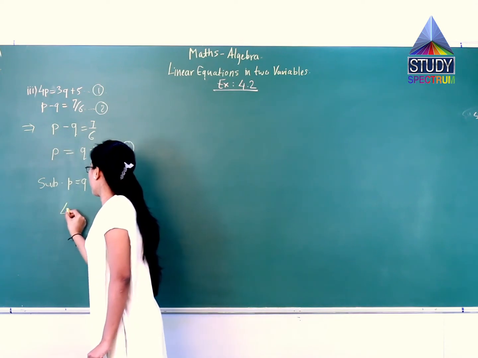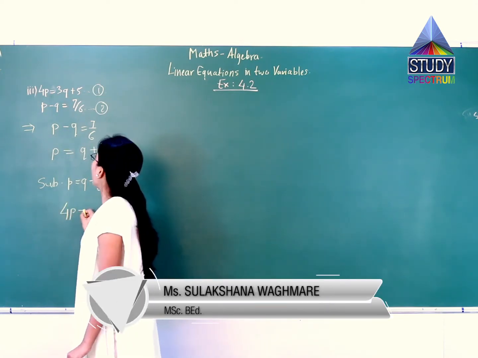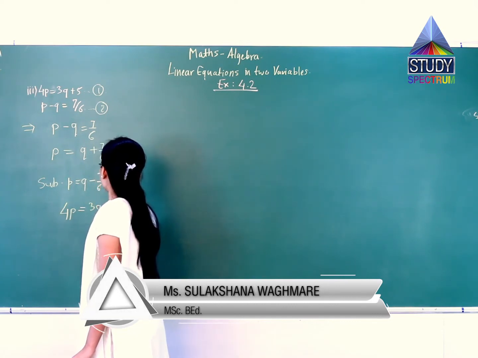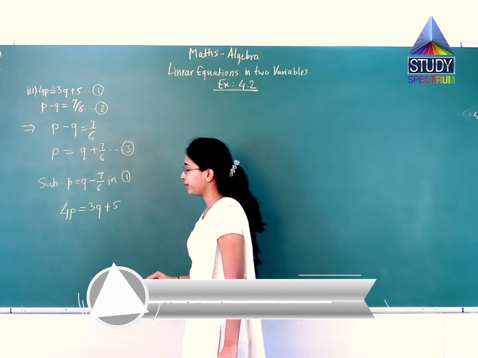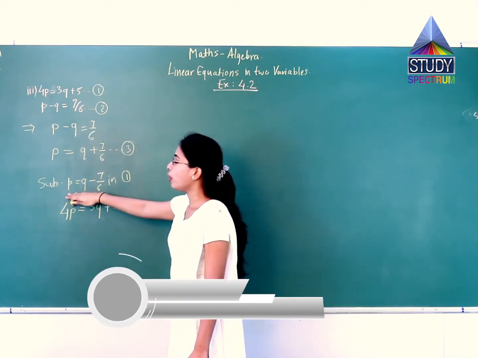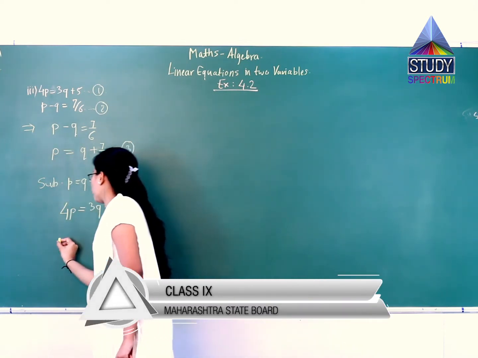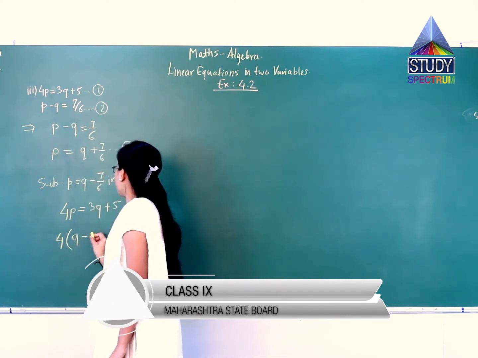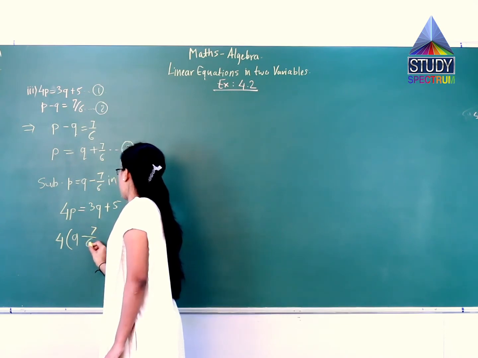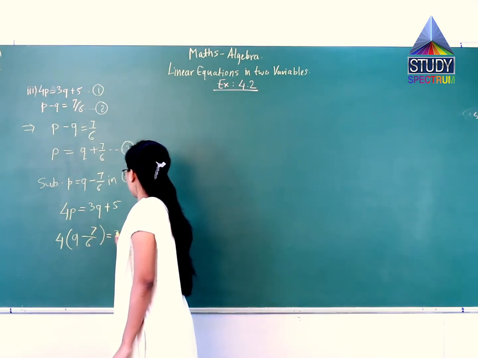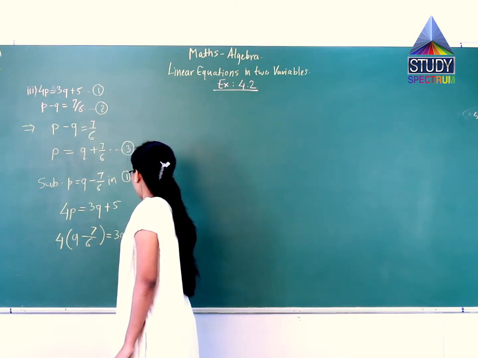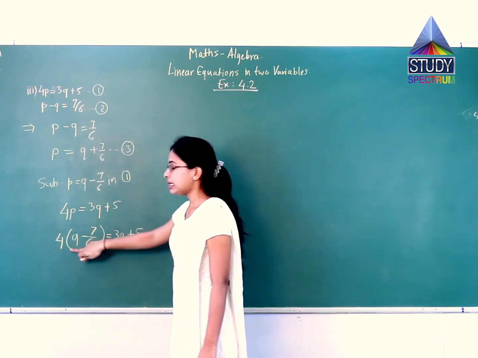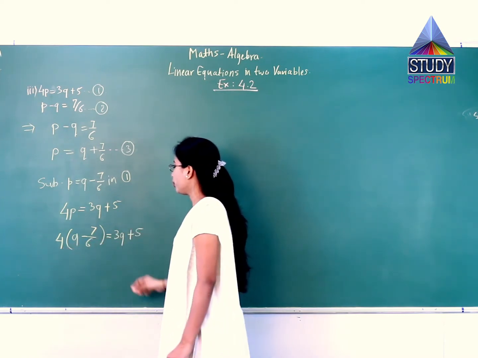Let us rewrite, 4p is equal to 3q plus 5. So here we have to substitute for p. So 4 instead of p we will have q plus 7 by 6 is equal to 3q plus 5. So what we will do, we will multiply the bracket by 4.